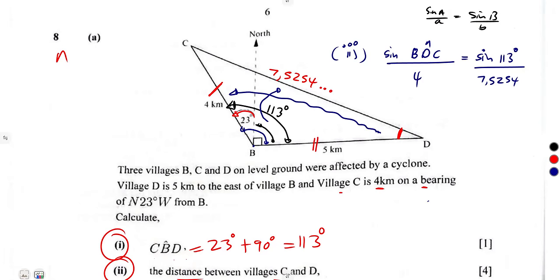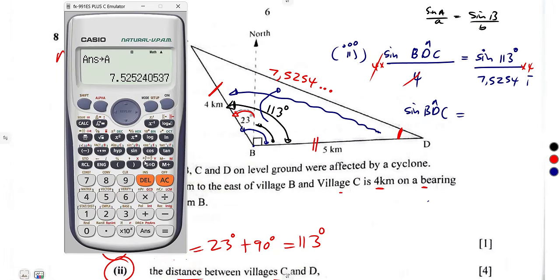To find the angle, get rid of this 4, multiply by 4. Thus, the sine of the angle BDC is equal to this, over 1. So you're going to simply use the calculator. You have a fraction, 4 times the sine of 113 over that 7.5 whatever that you have.